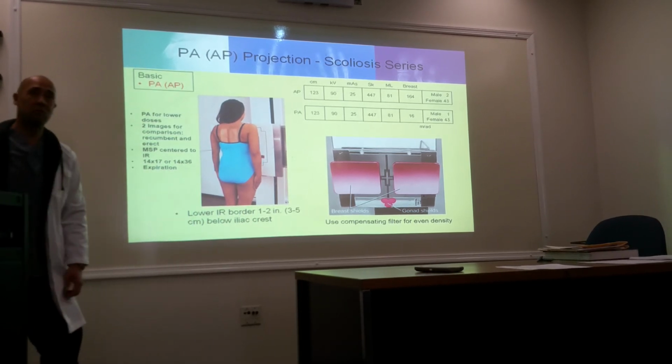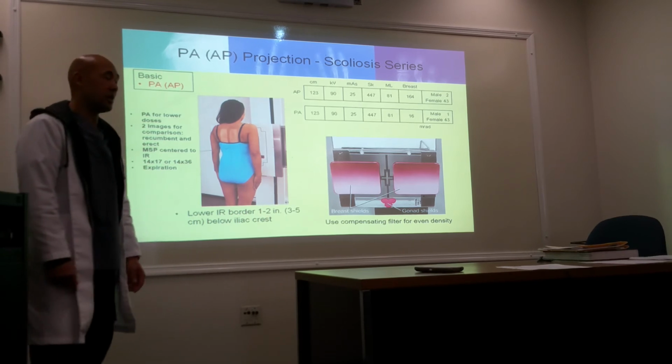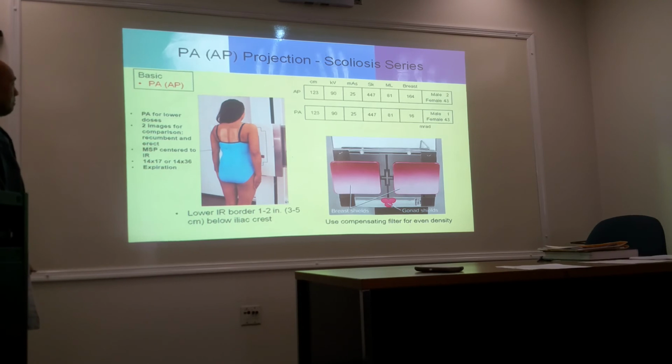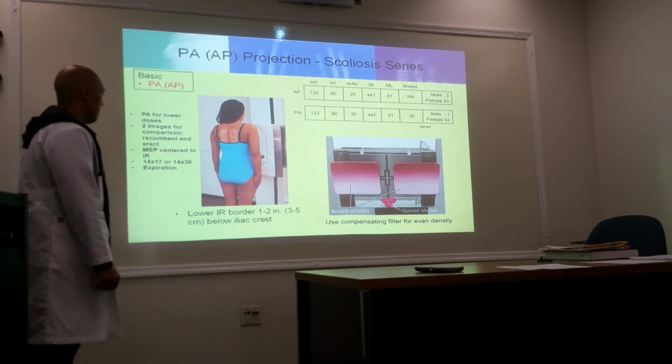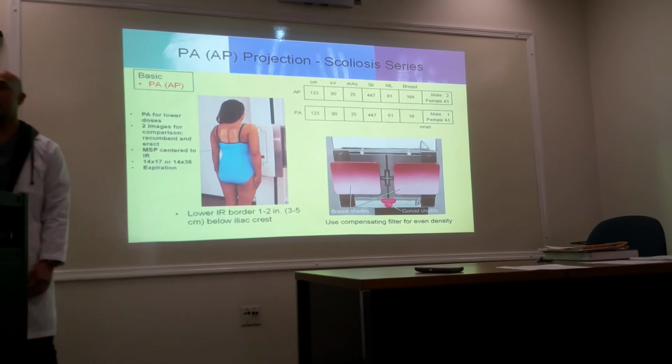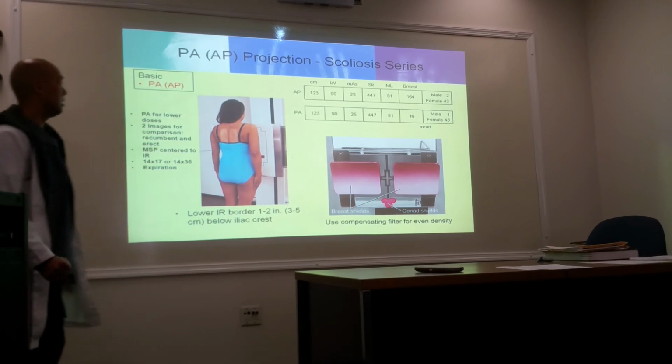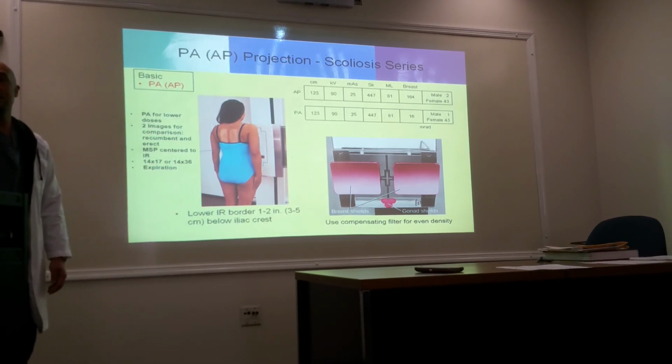Your central ray will be centered to that image receptor. Done on expiration. So 2 for comparison, 1 lying down, 1 upright. Bottom of the image receptor, 1 to 2 inches below the iliac crest. Done on expiration.